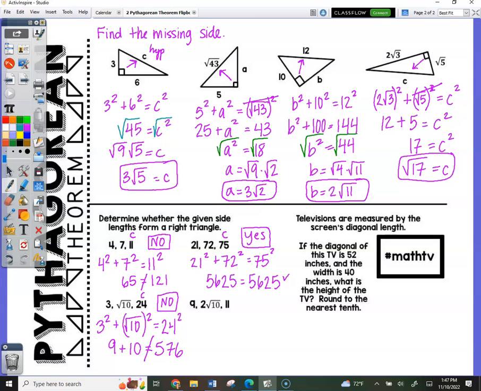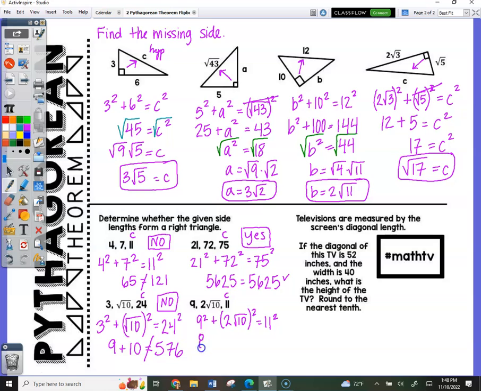Do the next one. What's 9 plus 10? It's 21 squared. 2 square root 10. Type that in your calculator and make sure it's not bigger than 11. It's not. So 11's your C. All right, so here we go. 9 squared plus 2 square root 10 squared equals 11 squared.